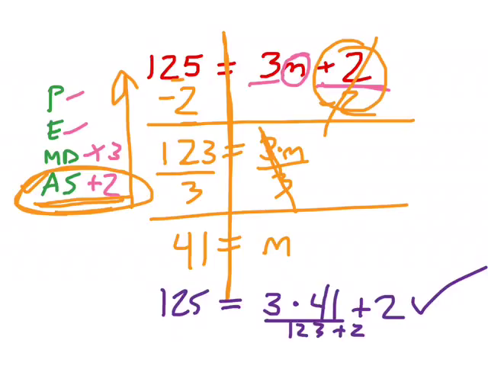Let's re-note a couple things. One, when I do something, I'm always doing the opposite. So we look at plus 2, I did the opposite, minus 2. Times 3, we did the opposite, divided by 3. And when we do things that are opposites, we cross them out, and we make sure that we do them not just on one side of the equation, but both sides of the equation in order to maintain that balance.